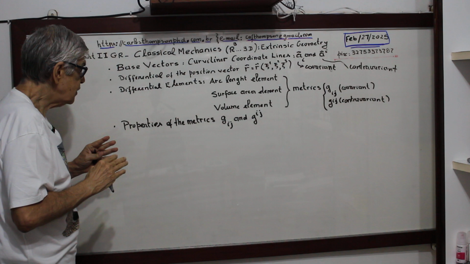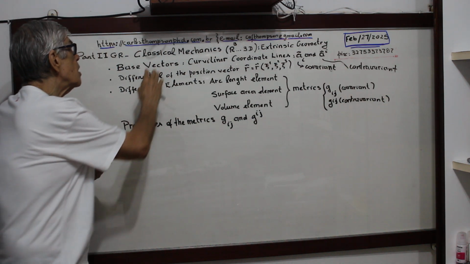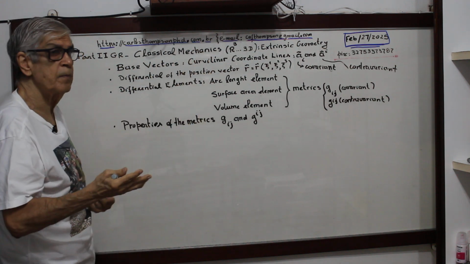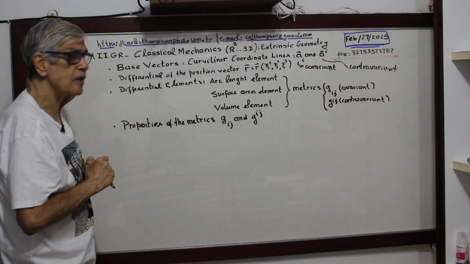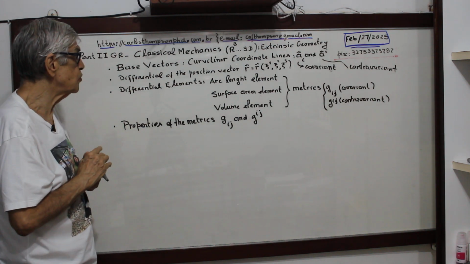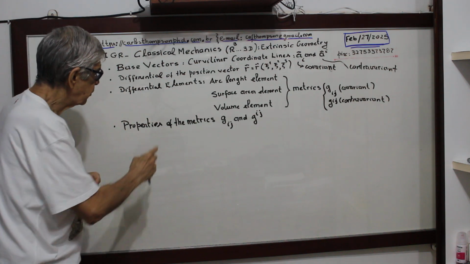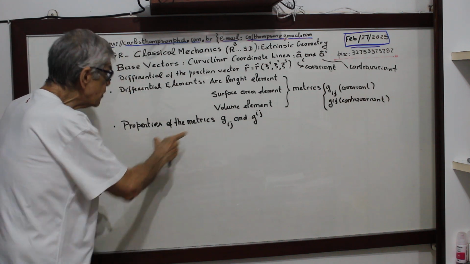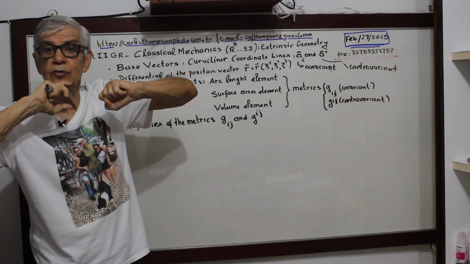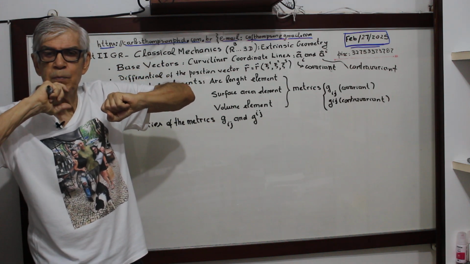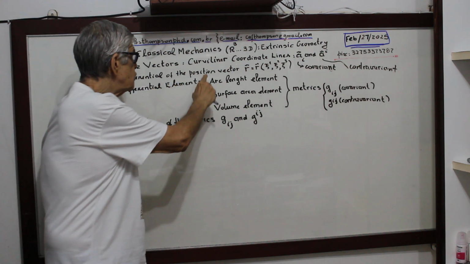Always keep in your mind that, oh, we are in classical mechanics, R3, but in Einstein's research, he worked in R4. But the properties of the metric you can move to the intrinsic geometry. And in intrinsic geometry, there is no position vector.